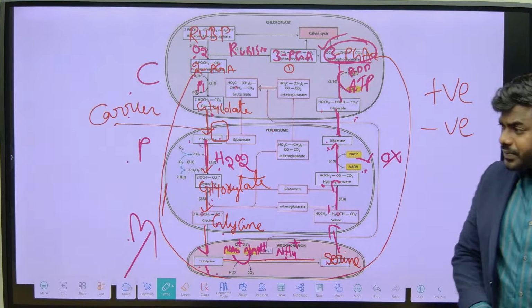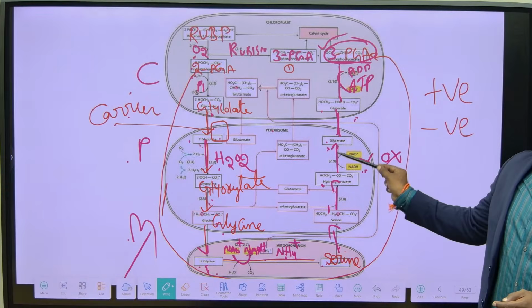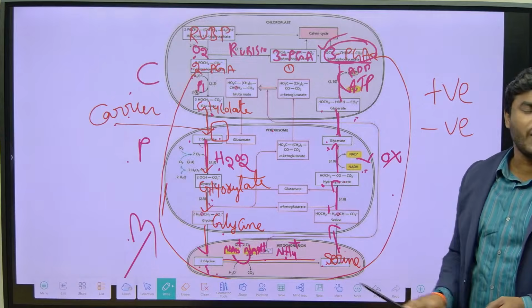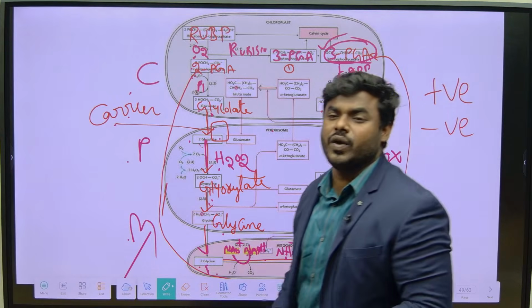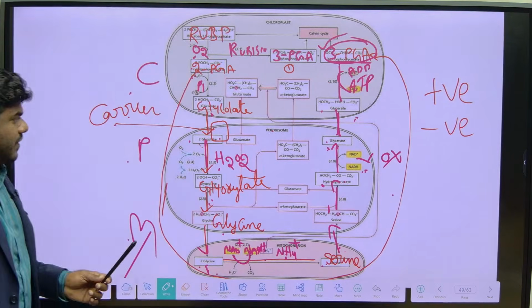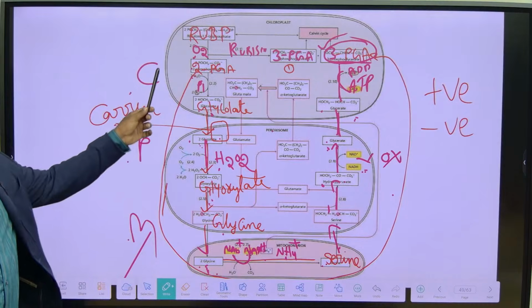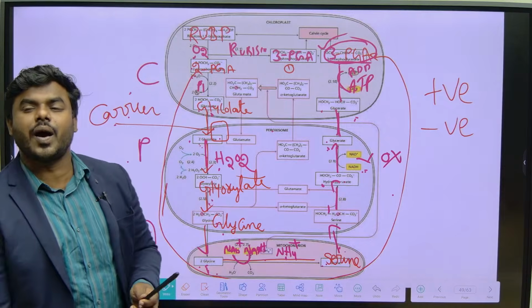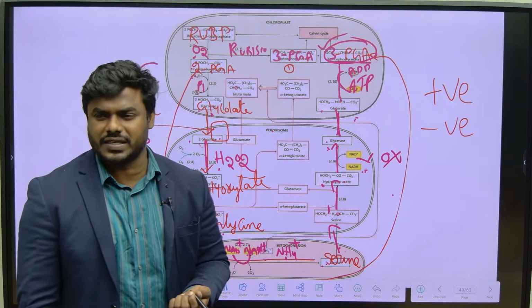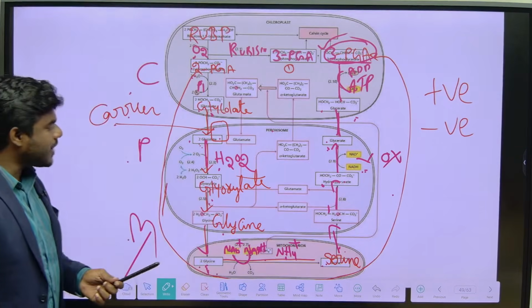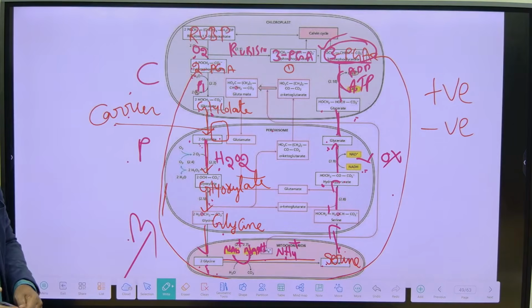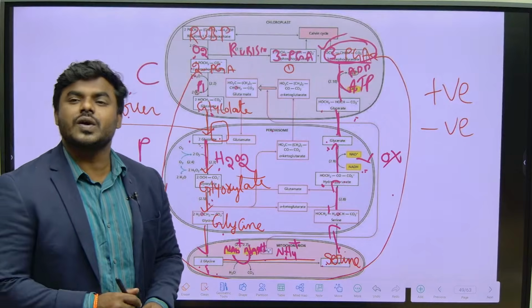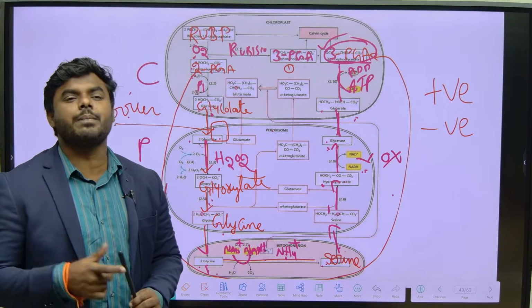Now tell me, which of the following cell organelles of the C2 cycle is involved in the production of optically inactive amino acid? First understand my question. What is an optically inactive amino acid? Glycine. Why is it optically inactive? Because it cannot rotate the plane polarized light.